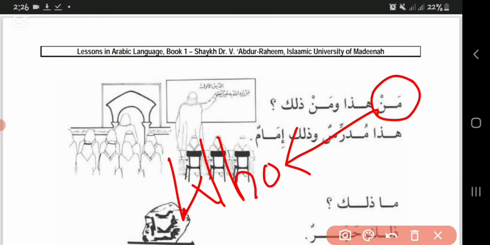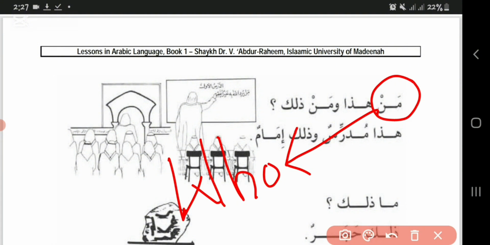That is for an inanimate object, but who is for an animate object, meaning what possesses life. Anything that possesses life, and not only life, but possesses sense. So we use man for such a thing.